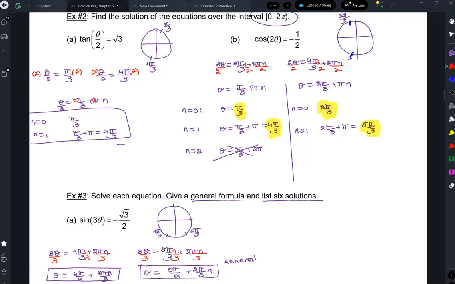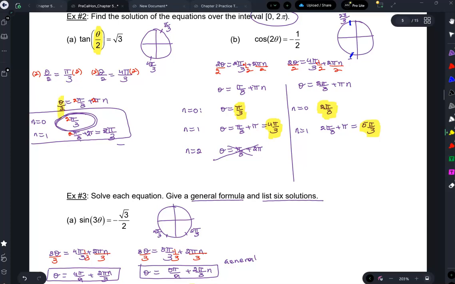So first we get 2 pi over 3. And then 2 pi over 3 plus 2 pi. How much is that? Oh, that's already too high. So we just take this, half the number, because this was supposed to be theta over 2.